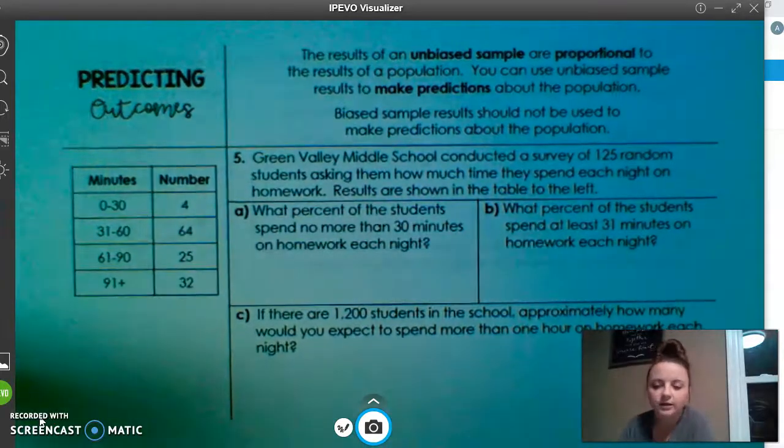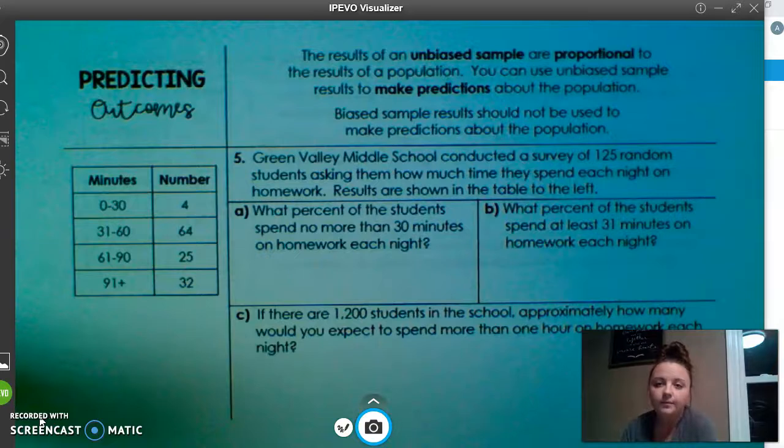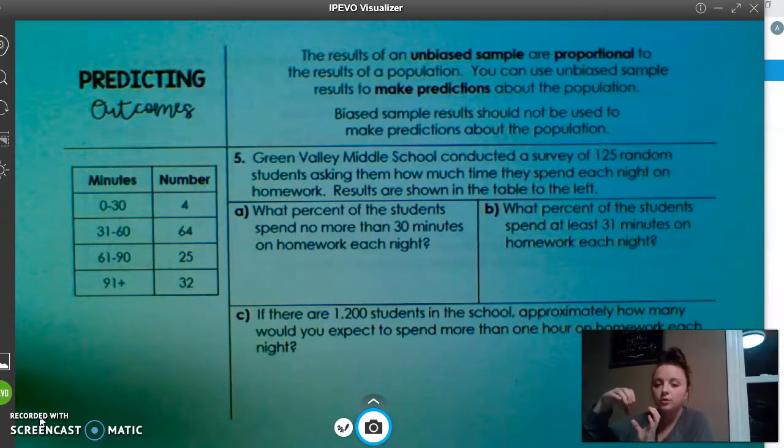So with predicting outcomes, it's really important that you know that if you have an unbiased sample, then the results are proportional to the entire population. So you can use your sample to make predictions about the population because they should be the same.